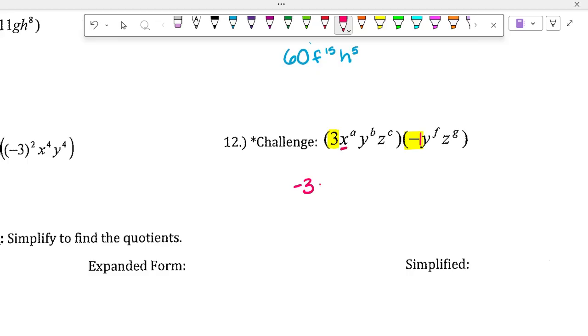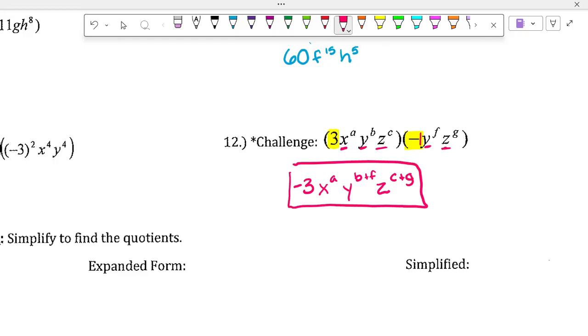There's nothing to combine it with, so we just bring it down, x to the a power. Our y's, so we'd have y. And remember, you just add these two exponents. So we would just write it as an expression of b plus f. And then your z's, again, you would write as an expression as c plus g. So even if we don't have the numbers, you can always still write the expressions because we know what those rules are.